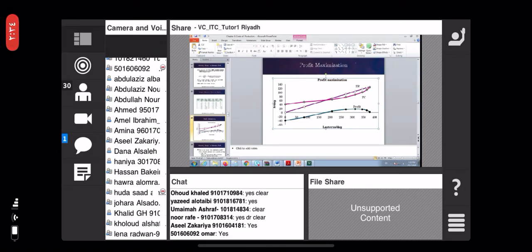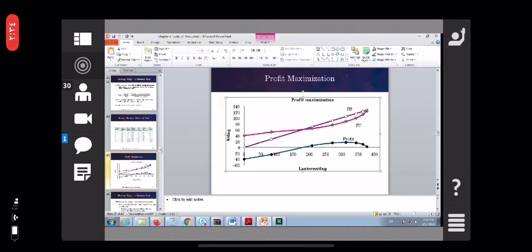The largest difference is in this area. These curves are parallel at this point. They are parallel in this point. And the slope of total profits here equals zero in this point.